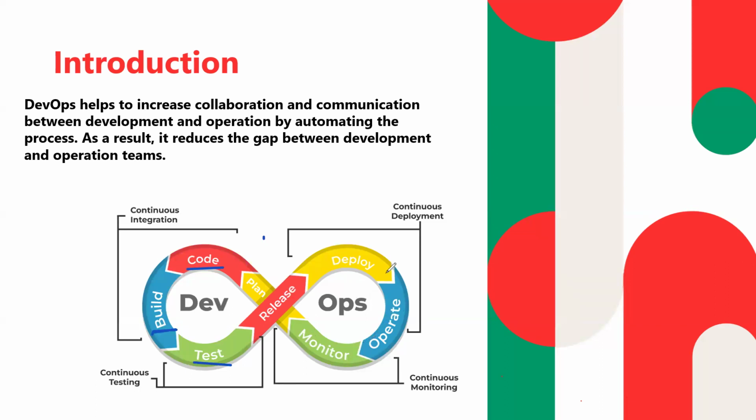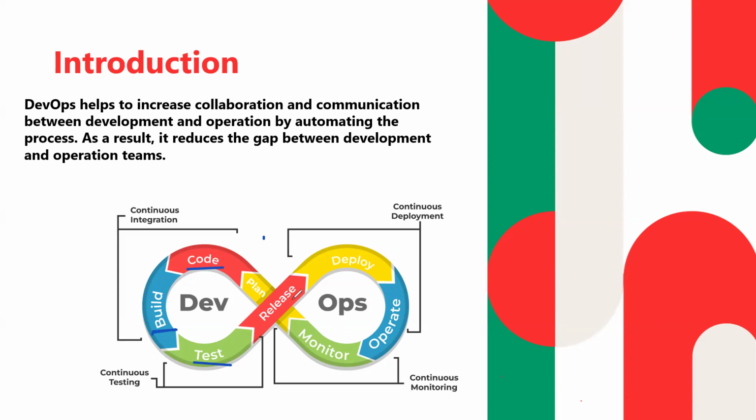After deployment, your task is not done. You still have to operate your code and monitor your code. In monitoring, you will see how many errors are coming, whether your API is responding in proper time or not, and whether your server health is okay or not. All those kinds of things will happen on the monitoring page.